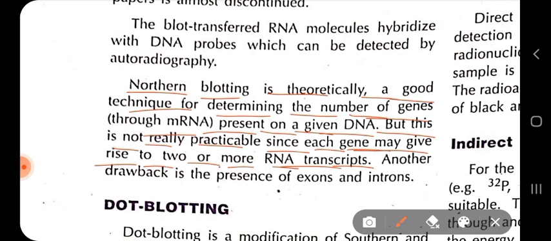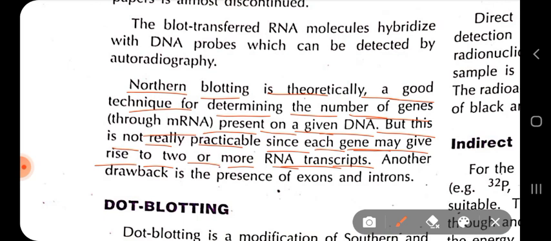There is no such continuous sequence of RNA. The RNA just after transcription is subjected to splicing, removing the introns and joining the exons. And these exons are also subjected to shuffling in various combinations to give rise to multiple types of RNA that will give you different protein products.